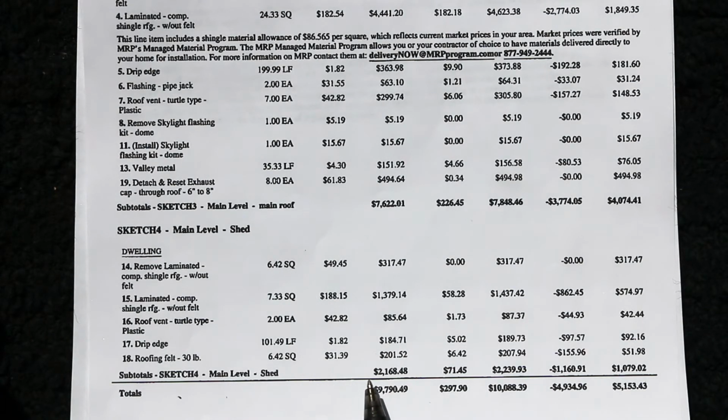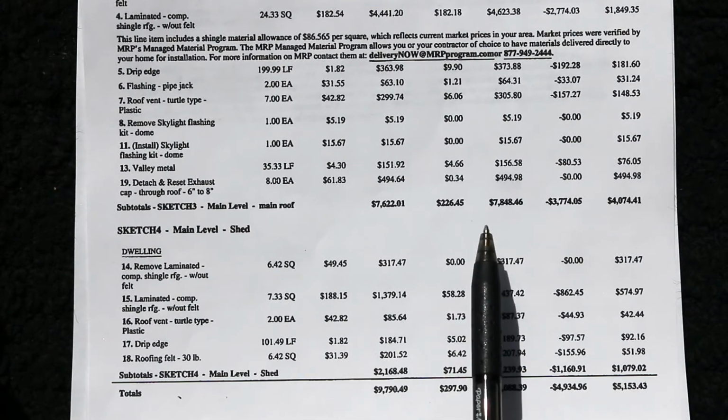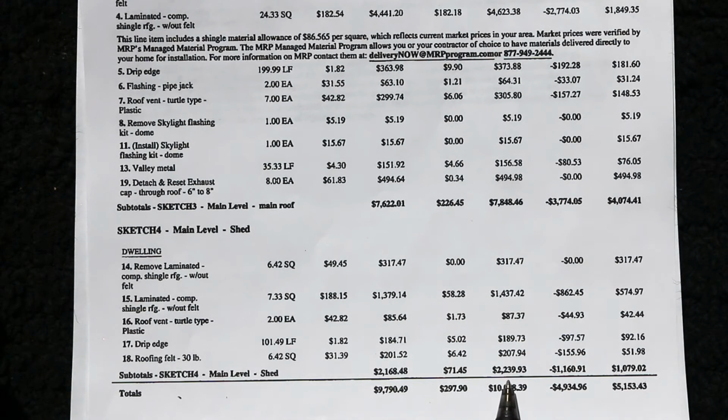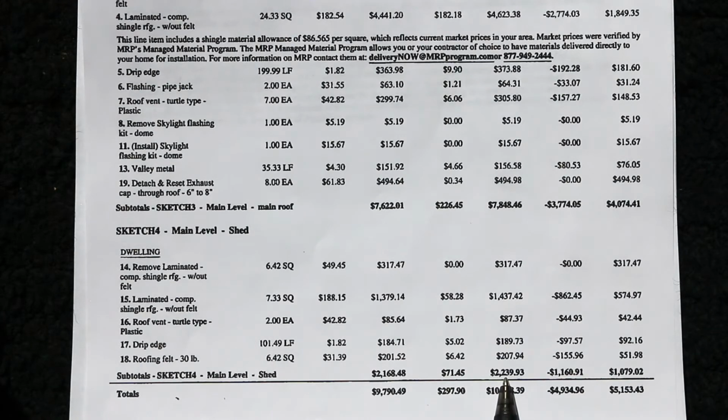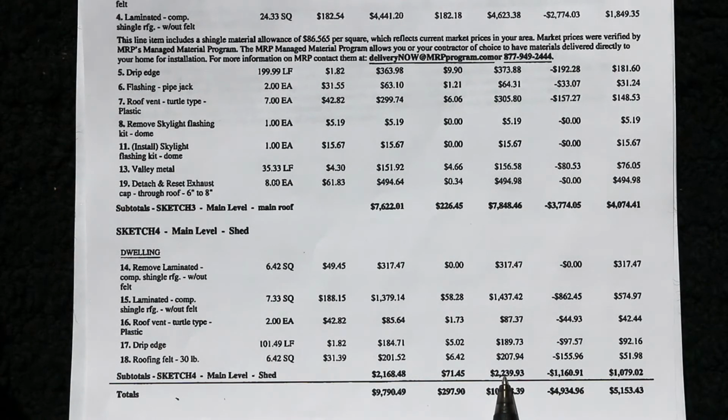So if you look across your columns, you can go to the top and then scroll down, and you'll see that the replacement cost for the roof on this particular shed is $2,239.93.